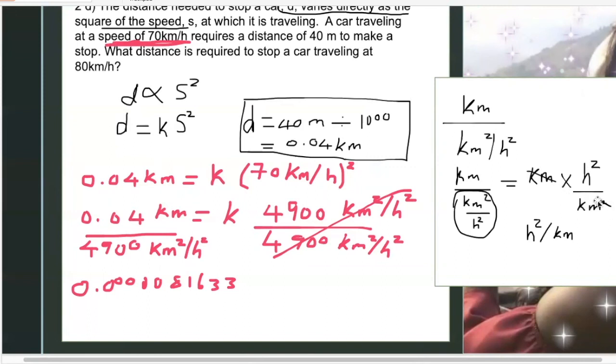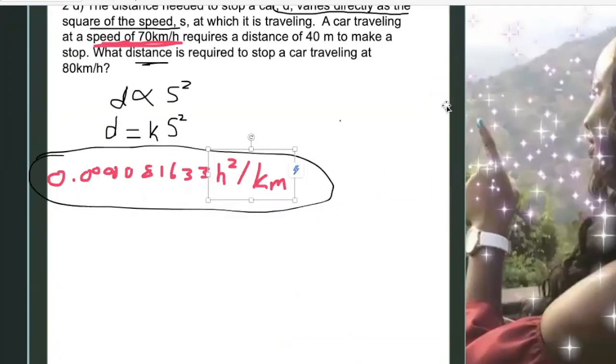We can cancel one of the kilometers. So by right, we have hours squared over the kilometer. So that's why I have hours squared per kilometer. So it means the constant will be hours squared per kilometer. That's what we have. Now to continue with this question, because we're not finished.